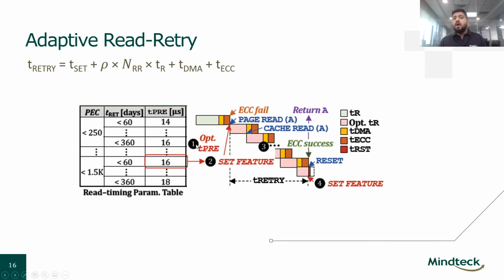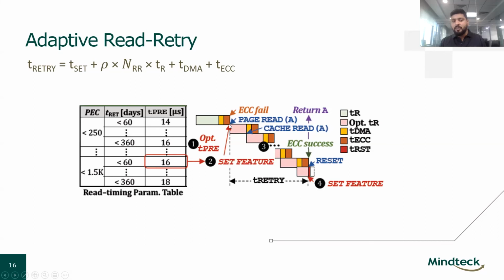First we obtain the T pre-charge from the RPT table, which will be required to read the data properly. Now a read failure happens.